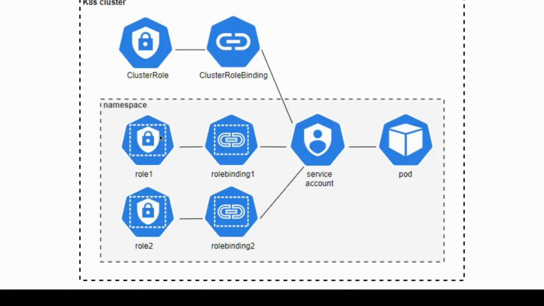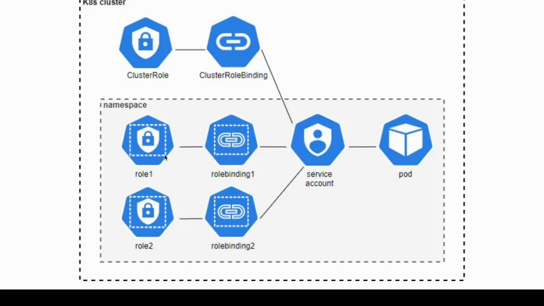In the last slide, we came to know that Role and RoleBinding are both namespace dependent, so they must reside inside a specific namespace. And ClusterRole and ClusterRoleBinding are both namespace independent, so they can reside in any part of the Kubernetes cluster, meaning they are not restricted to a namespace.